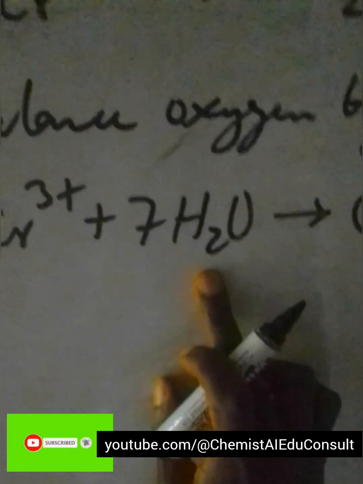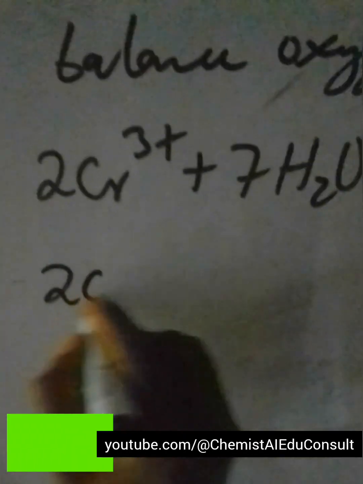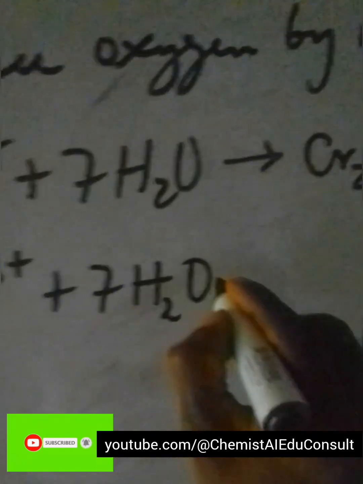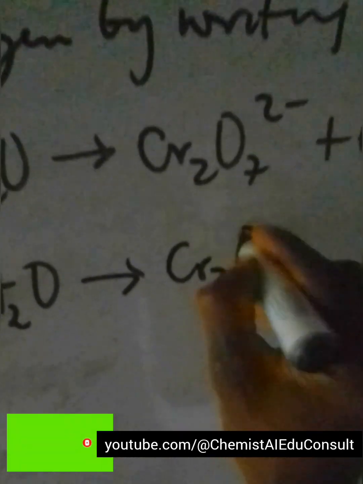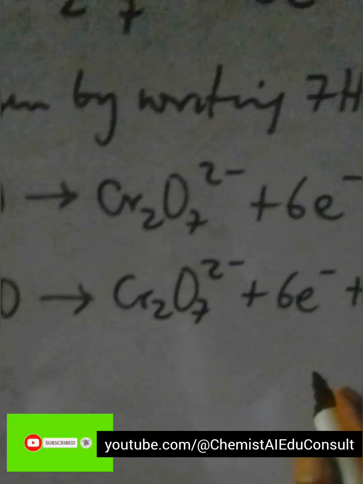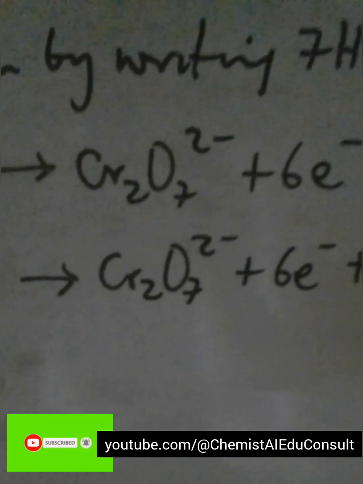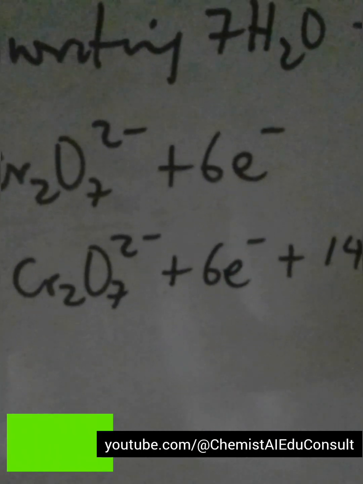So let's go. Since there are 7 times 2, 14 hydrogen atoms here, we write 14 water to the right. 2 Cr³⁺ plus 7H₂O to afford Cr₂O₇²⁻ plus 6 electrons. Then we add 14 water molecules to the right.